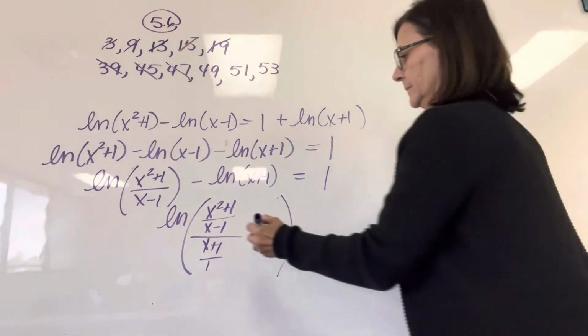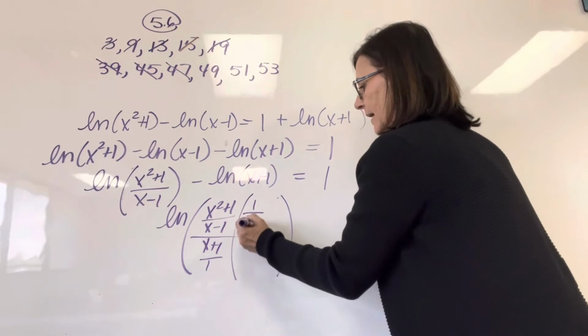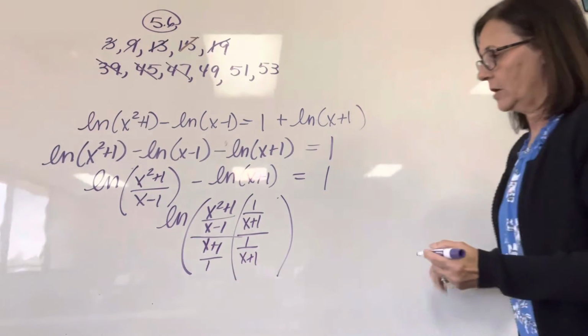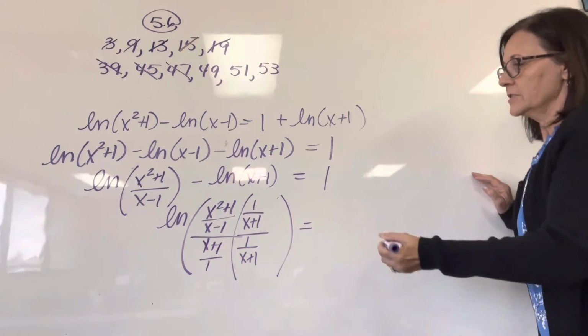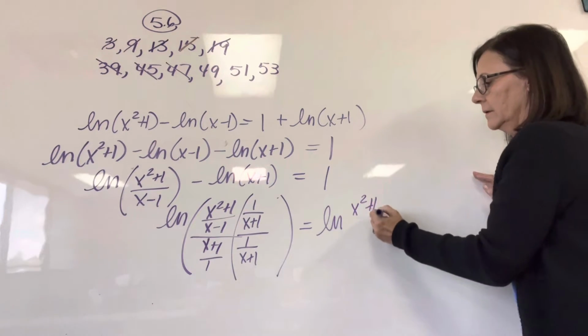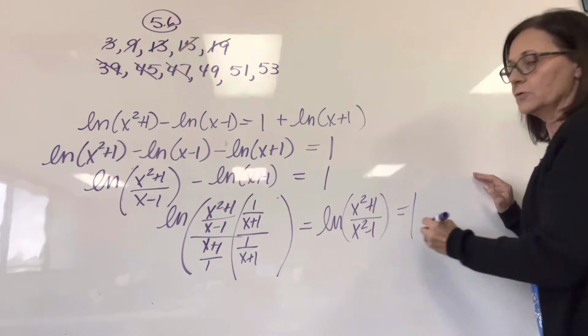Got it? Multiply by 1 over x plus 1. So that equals the ln of x squared plus 1 over x squared minus 1, which equals 1.